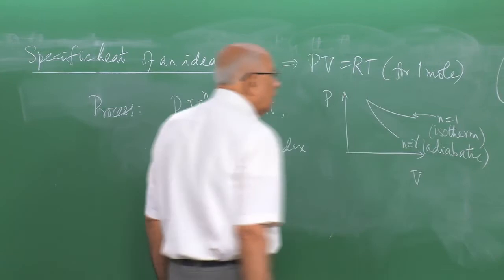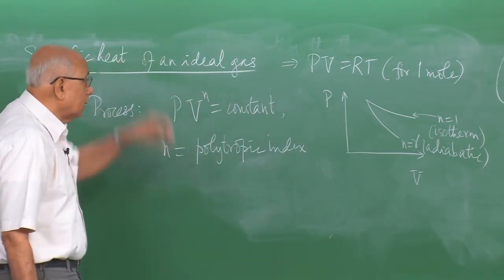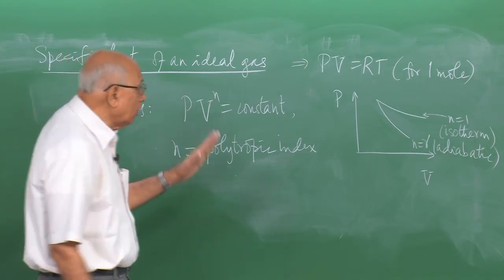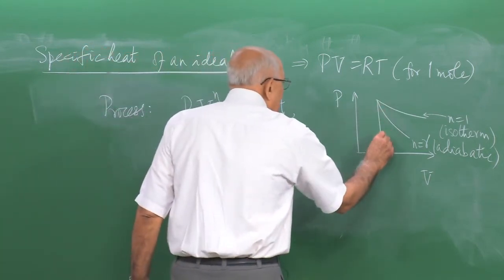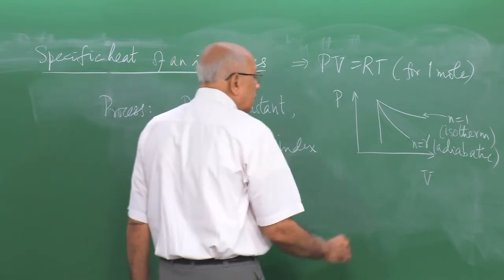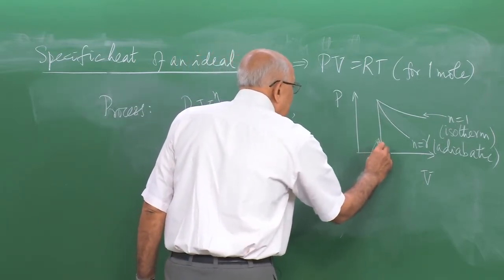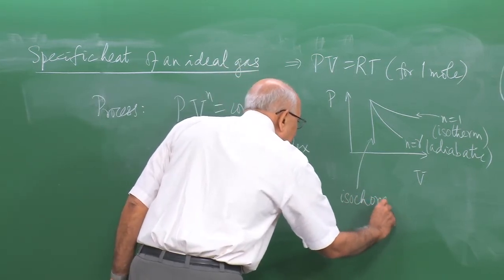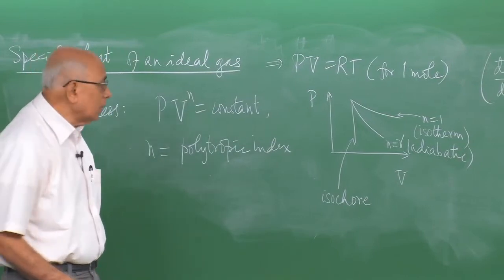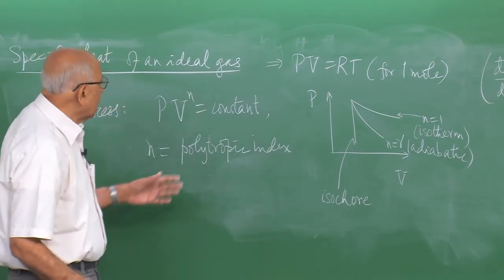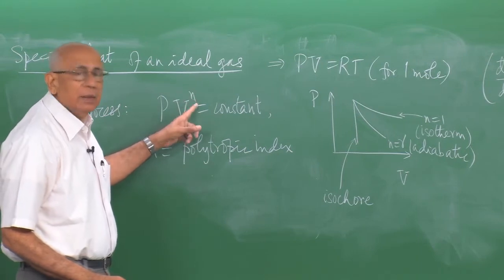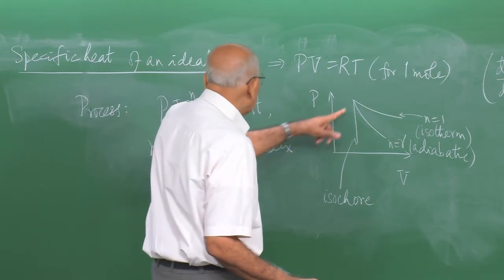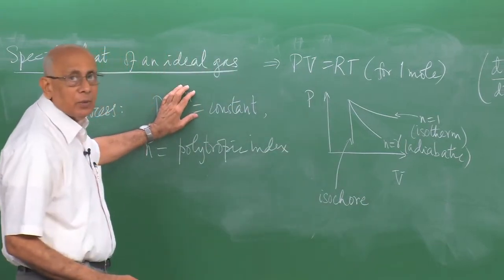Adiabatic process. You can have a constant volume process, you can keep the volume constant. So you end up with something which changes in this fashion. This is an isochore corresponding to constant volume, and what kind of n would it correspond to? Well, it means n must tend to infinity, because when n is infinity, this thing dominates out here.